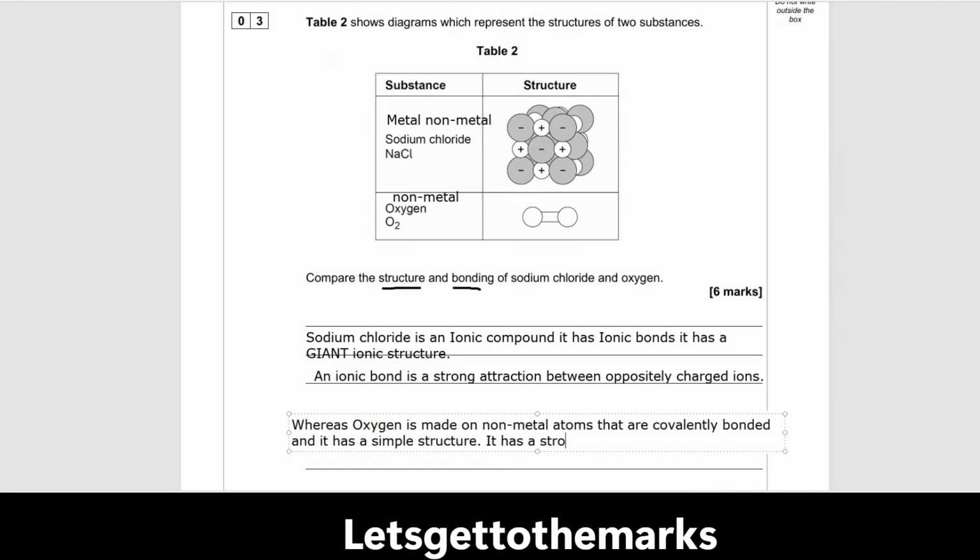It has a strong covalent bond, which is the attraction between a shared pair of electrons and nuclei. I could mention that the nuclei are positive if I want to point everything out. However, here's my however.